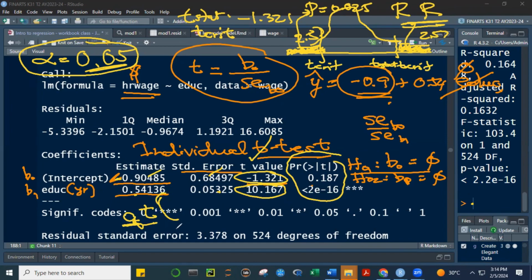Okay, so pakitype na lang sa anywhere there sa console. Ano yung mga parameters dito, class? Can you tell me what are the parameters that are being asked for this? Ang hinahanap natin yung Q, yung value ng t. In this case, ang hinahanap natin t-critical. What are the parameters? Can you tell me, class?